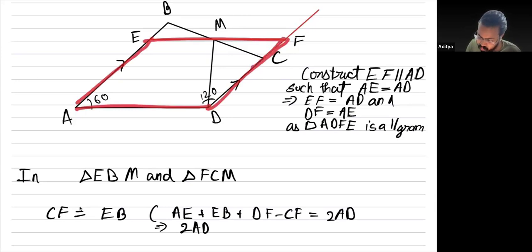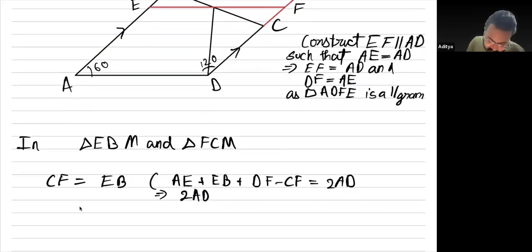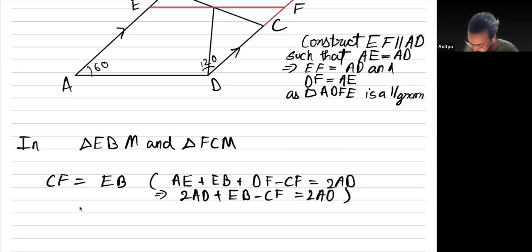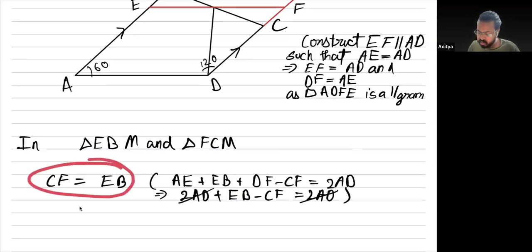This is a rhombus, which means all sides are equal. So twice of AD plus EB minus CF is equal to 2AD, which gives us that EB minus CF equal to 0, which means CF is EB.